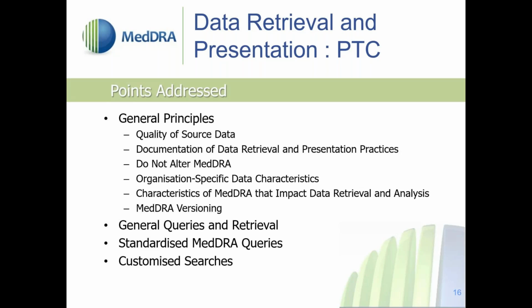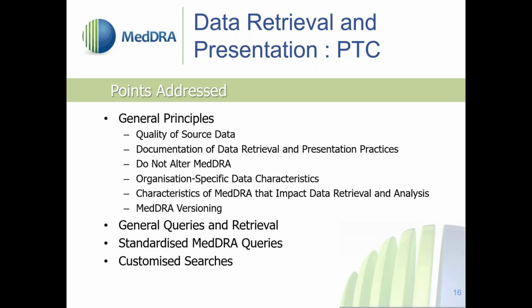The fourth principle talks about organization-specific data characteristics. So even though MedDRA, like we said, is a standardized terminology, different organizations can implement MedDRA in various ways. For example, different organizations may differ in database configuration, where some may allow upfront display of the secondary hierarchy, others may not.